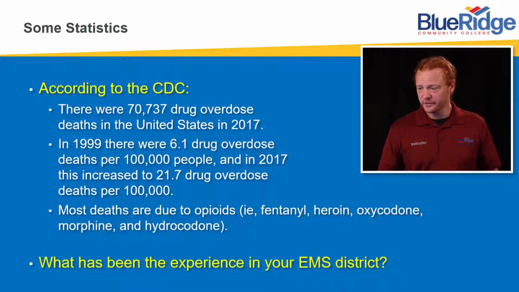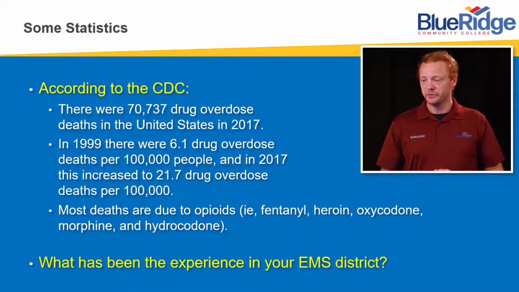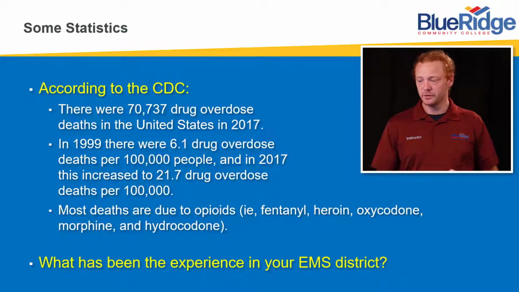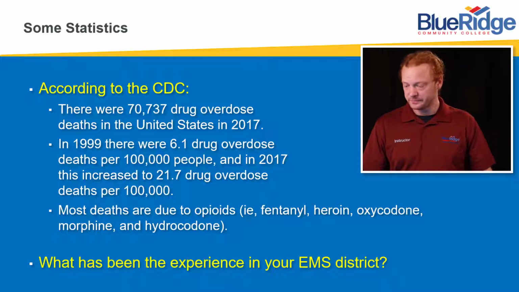According to the CDC, there were 70,737 drug overdose deaths in the United States in 2017. That number has increased since then each year. In 1999, there were 6.1 drug overdose deaths per 100,000 people, and in 2017, it increased to 21.7 drug overdose deaths per 100,000.